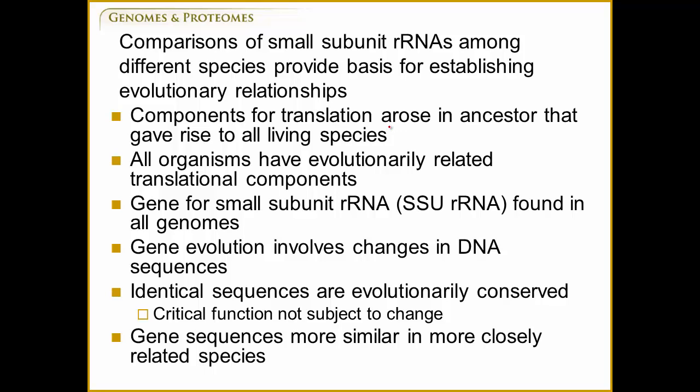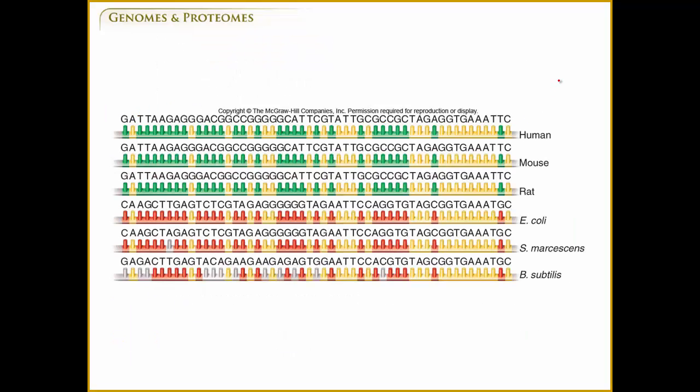What we can start to do is look for the genes for these ribosomal RNAs within these genomes and look for differences as a way to establish evolutionary relationships. If two organisms have very closely identical ribosomal RNA sequences, you would argue that they branched off on the tree of life much more recently than two organisms that have major differences between their ribosomal RNA sequences. Here's an example.